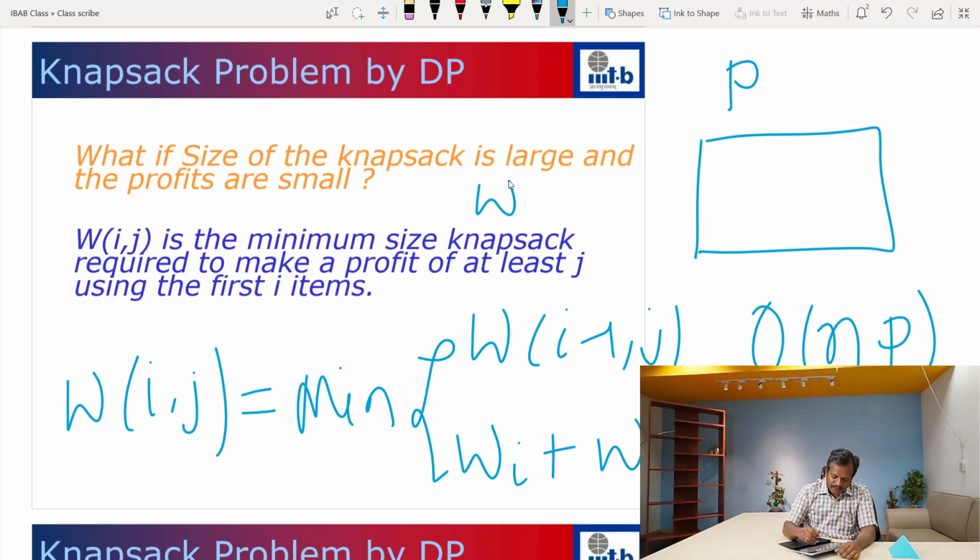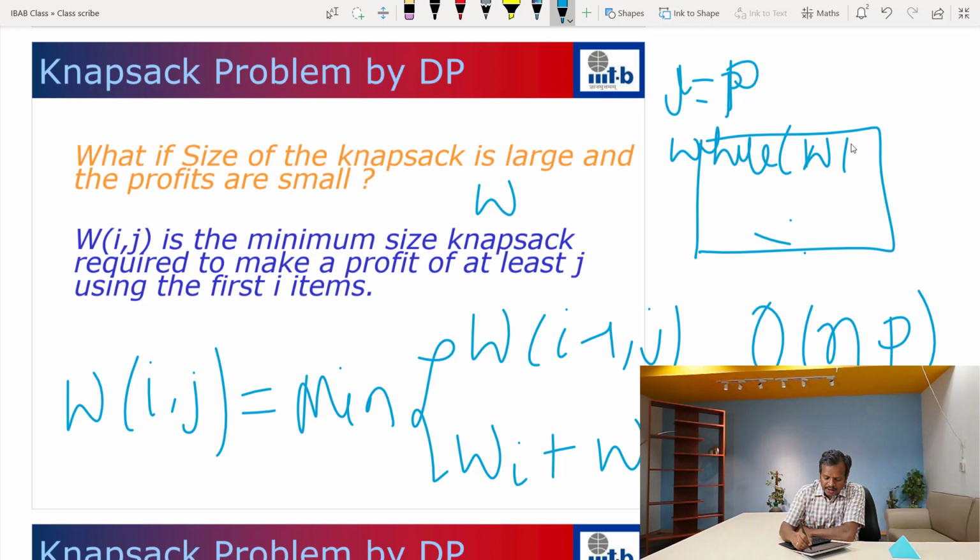So I start with J equal to P. While W of n comma J, I am allowed to use all the n items, is greater than W, we do J minus minus.